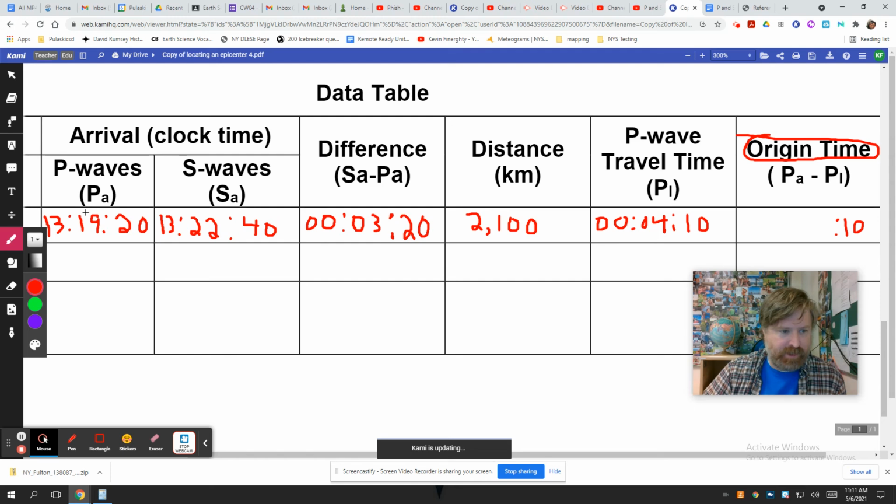If I subtract 4 minutes off that 19, that's going to leave me at 15. And no hours, so it's 13. So if our math makes sense, this earthquake occurred at 13:15:10, traveled for 4 minutes and 10 seconds, which would make it 13:19:20. Yep, that makes sense. That works.